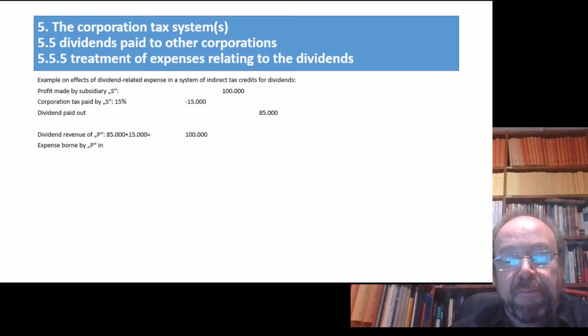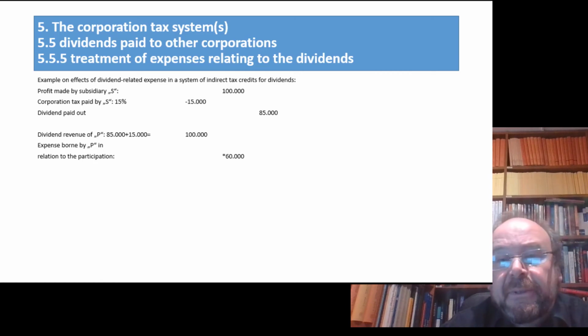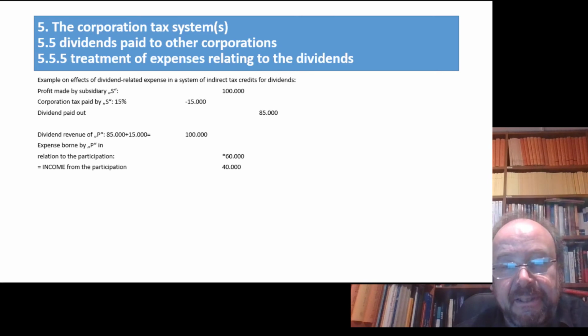The expense borne by P in relation to the participation shall now be 60,000. Why? Well, it may be that you bought the shares in the lower subsidiary on the basis of a credit. That credit costs you interest, and the interest is an expense which relates to that dividend income. Now our income from the participation, the dividend net income, is only 40,000.